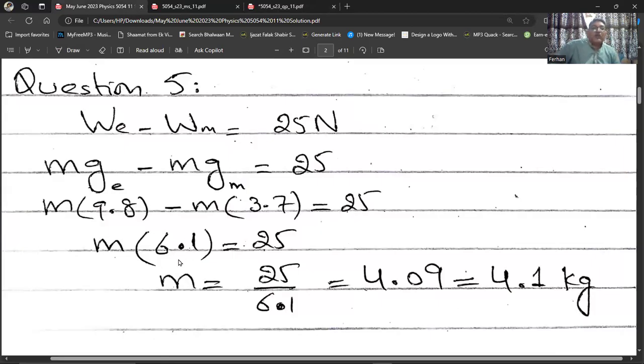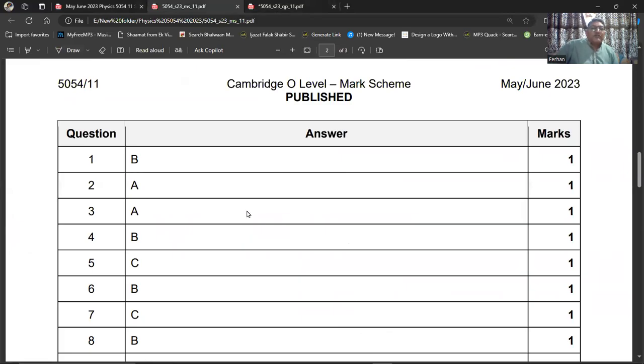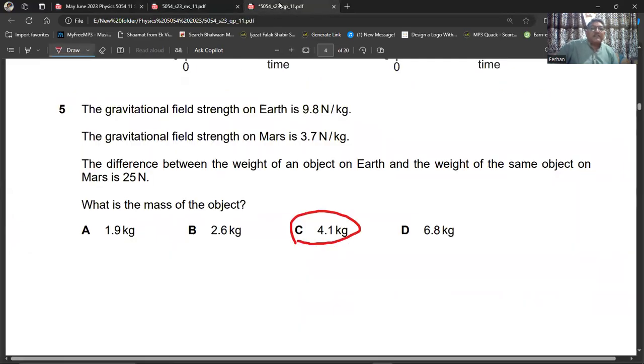So that is 6.1 m equals 25. So m will be equal to 25 divided by 6.1, and that will be 4.09, which is approximately 4.1 kg. So 4.1 kg, I think question number 5, it's C part. C is the right answer. Question number 5, C is the right answer.